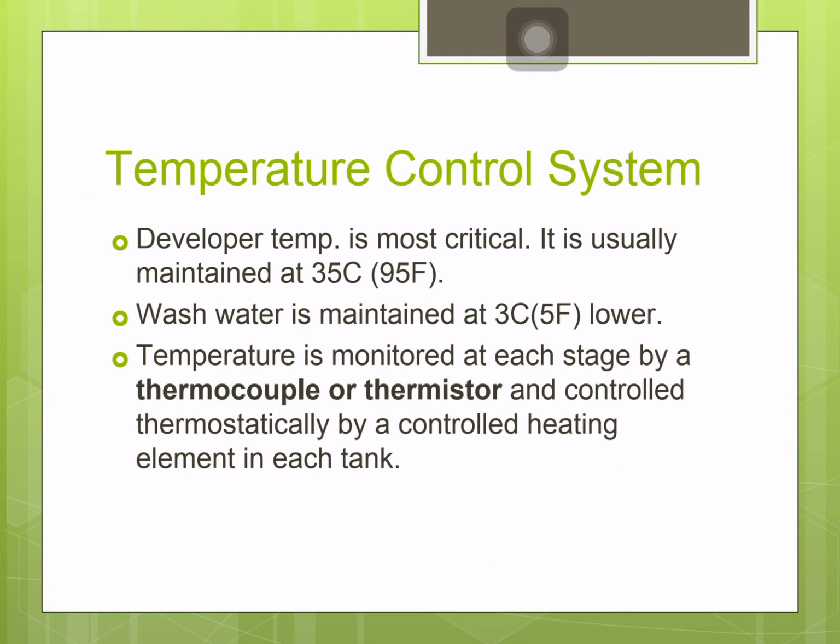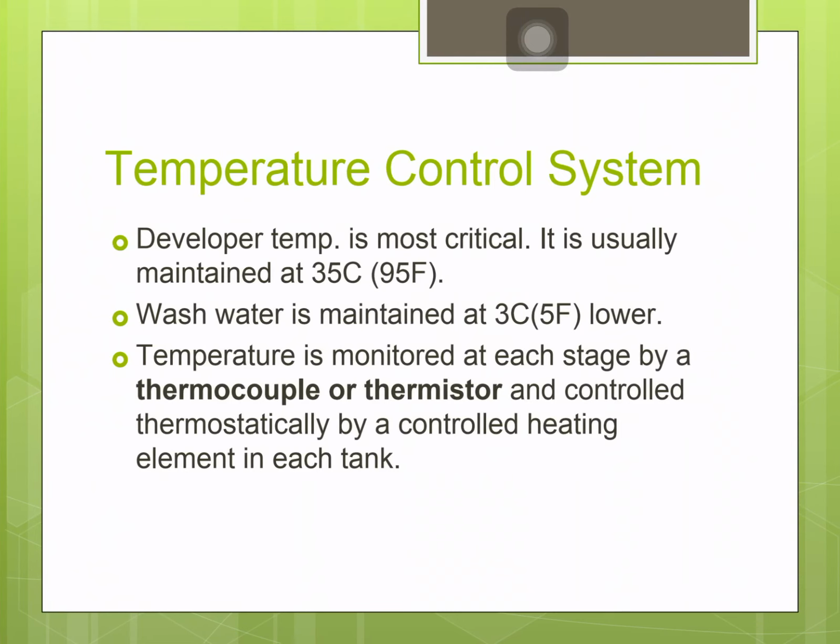So why should we monitor the temperature of our chemical solutions? Especially the developing solution temperature. This is the most critical temperature na dapat i-maintain. So, it is usually maintained at 35 degrees Celsius or 95 degrees Fahrenheit.